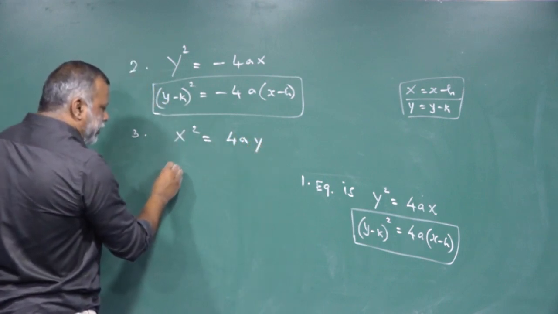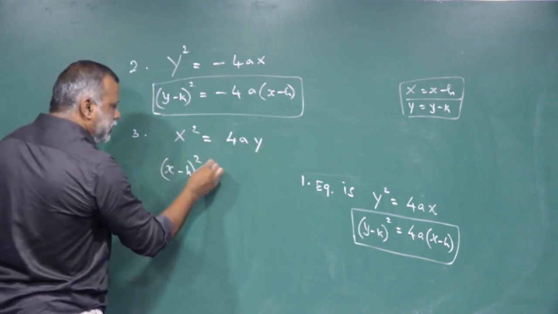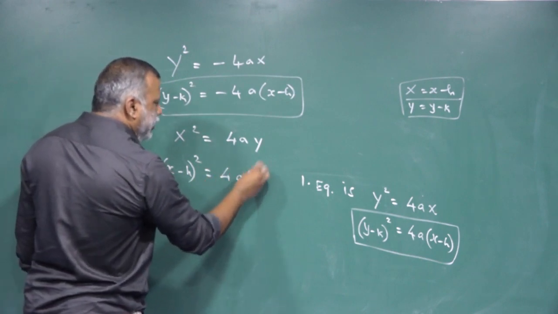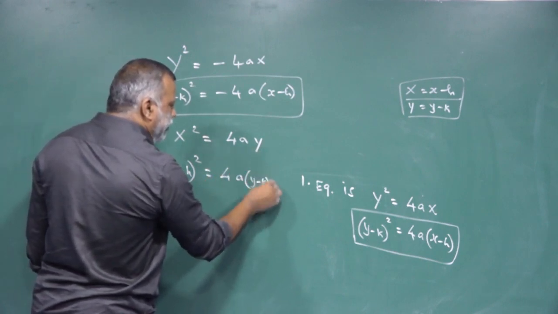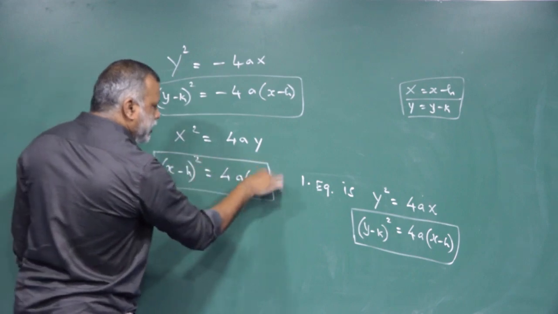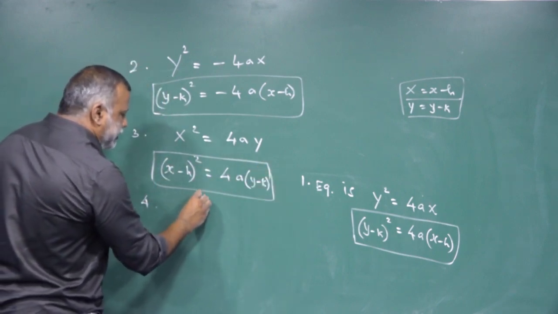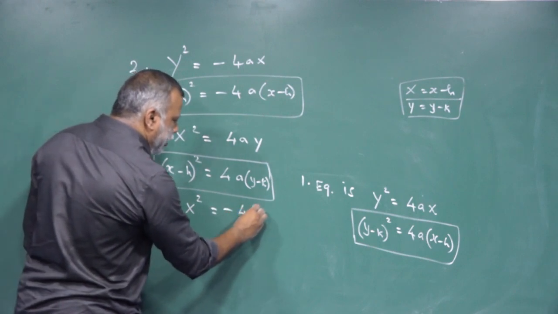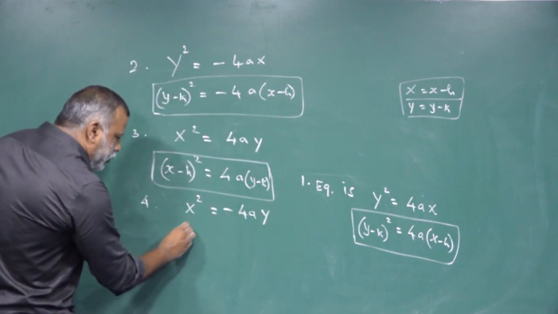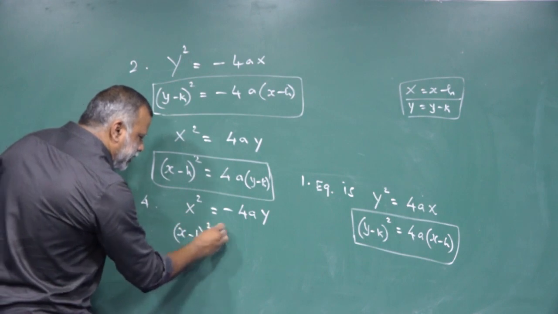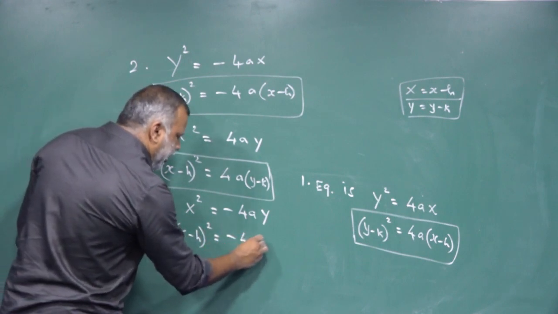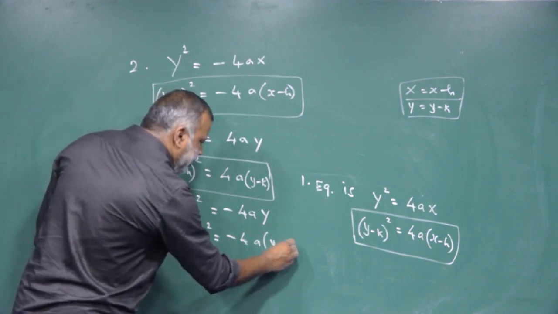Here x is replaced by x minus h, the whole squared, equal to 4a, and y is replaced by y minus k. Say this is type number 3, shifting the vertex. Then the fourth type is capital X squared equal to minus 4a capital Y. Now x minus h, the whole squared, equal to minus 4a, where y is replaced by y minus k.